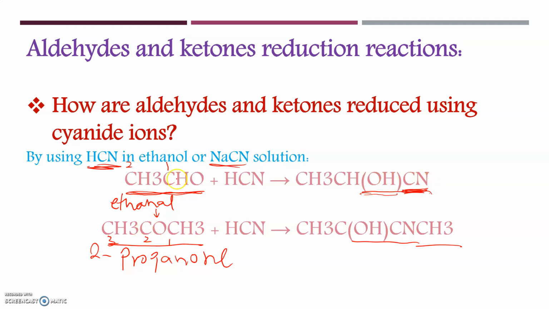Here is the same, there is no H here, but in ketone, CO, then you add the H and CN. Look at the resemblance, it's the same. Of course, this goes for hydrogen cyanide or sodium cyanide, it's the same. All we need is the H and CN.